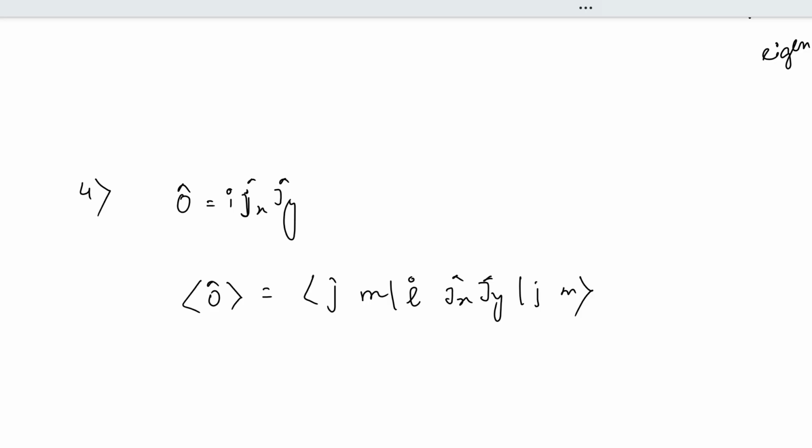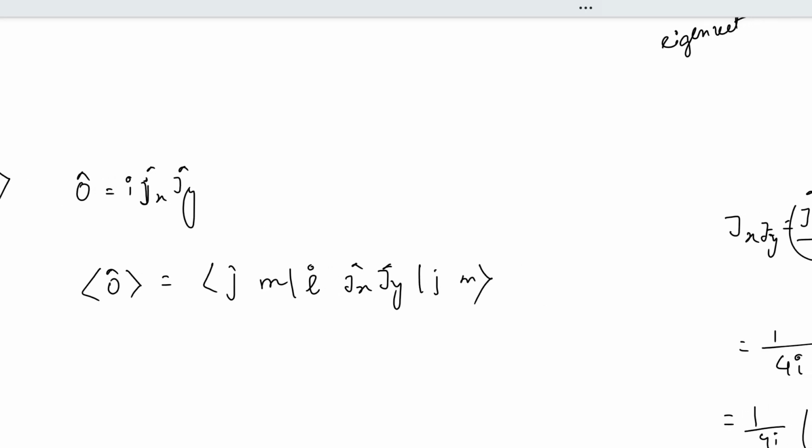Now these are operators, so these are not simple products, so you have to maintain the order. So 1 by 4I, then J plus J plus, sorry, this is minus J plus J minus, then plus j minus j plus, then minus j minus j minus.